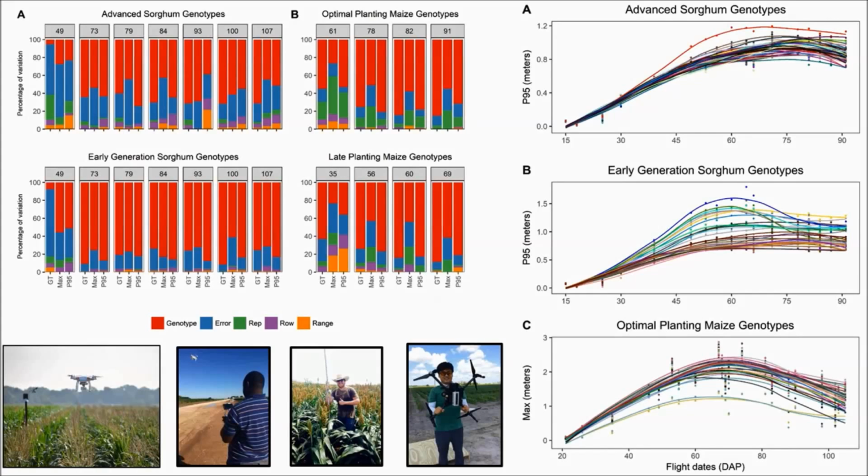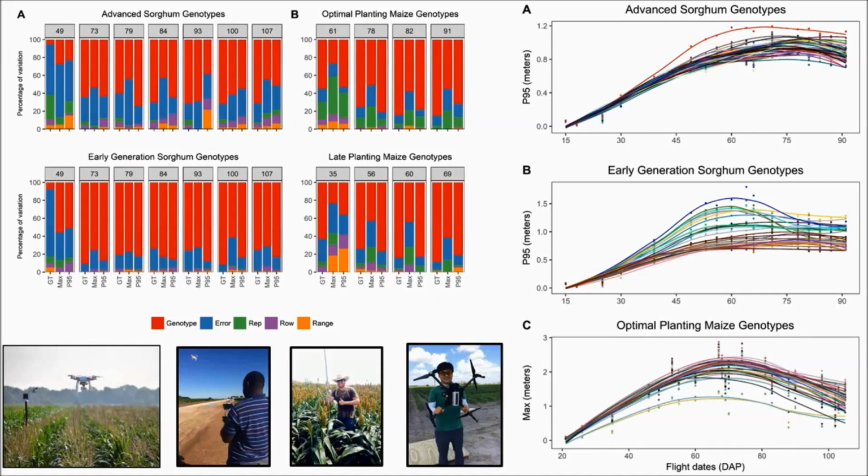Engineers are usually going to be concerned with correlative analysis and having the highest R-square value that they can get. And that is important, but as plant breeders, we're actually usually more concerned with being able to tease out genotypic variation and implement these technologies within a breeding program.